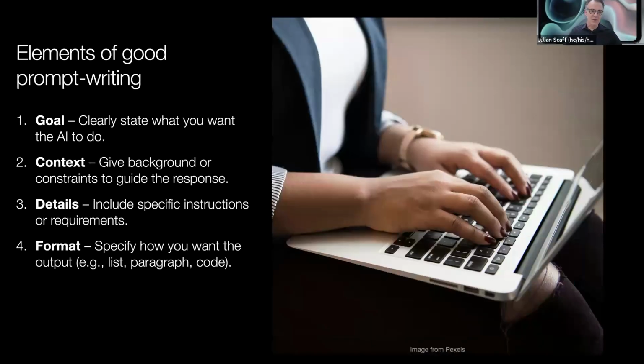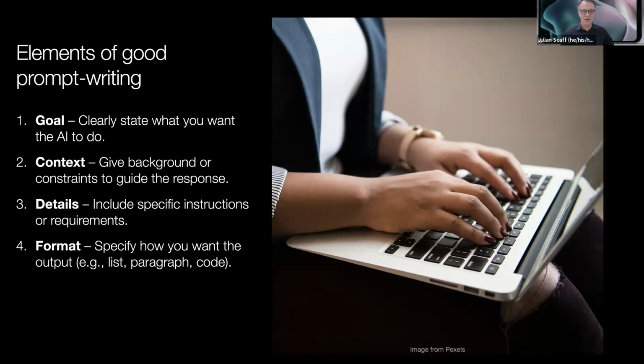Now, some of the elements of good prompt writing are around clearly stating what you want the AI to do, have a clearly stated goal. Give background or constraints about the context of what you want the output to be. Include specific details about the requirements for what you're looking for. And also specify how you want the output to be.